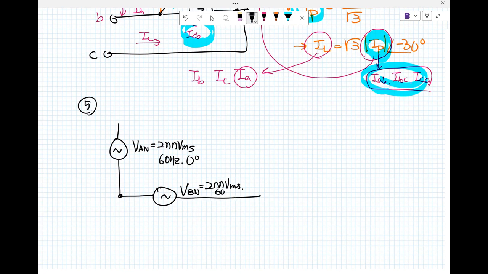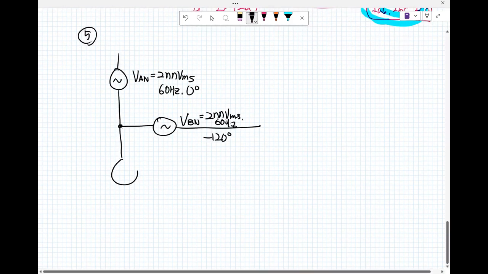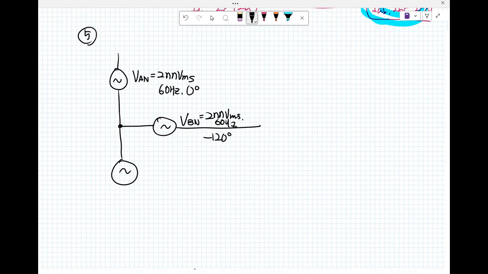Now, 60 hertz, minus 120. That was 77. So yeah, 60 hertz, 120 degree.